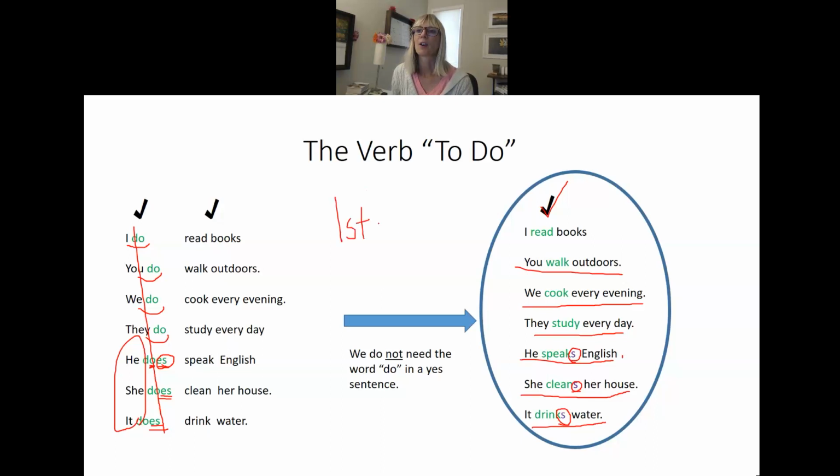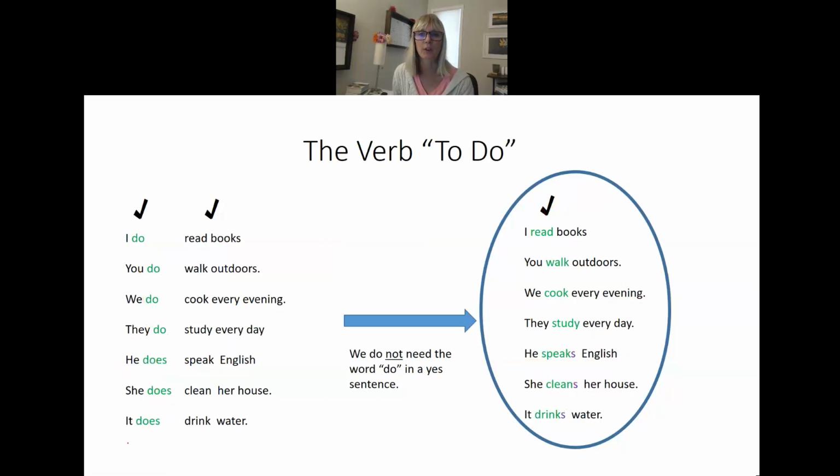The S goes on the first verb. So in this sentence, there are two verbs, do and read. This is a verb. This is a verb. Okay? The S goes on the first verb.